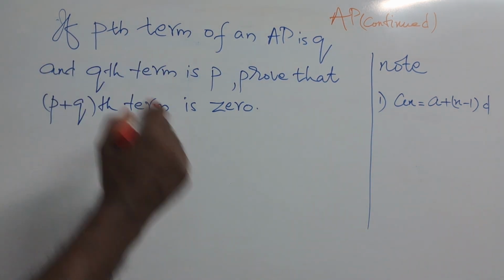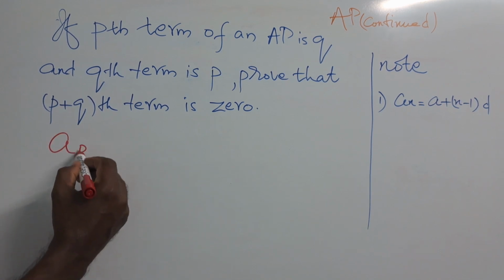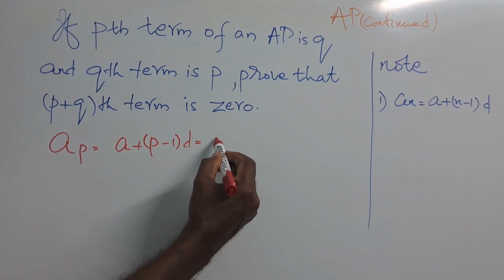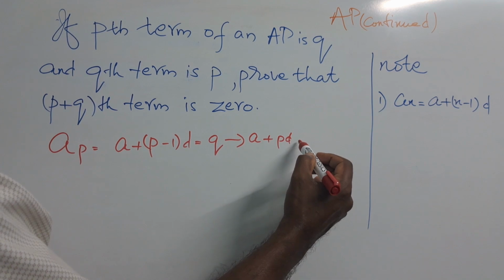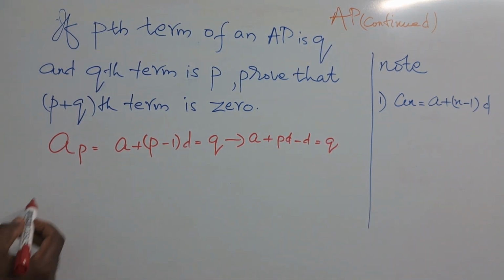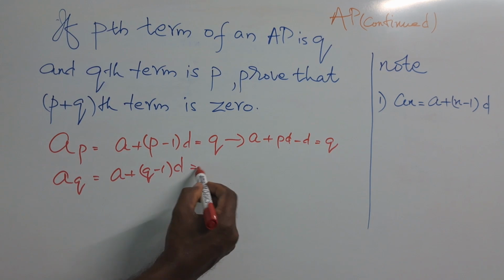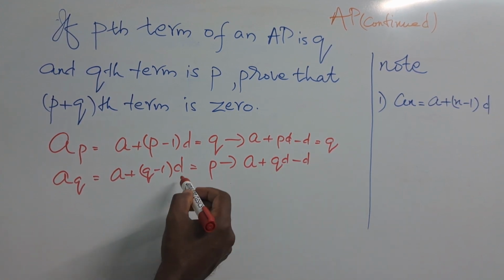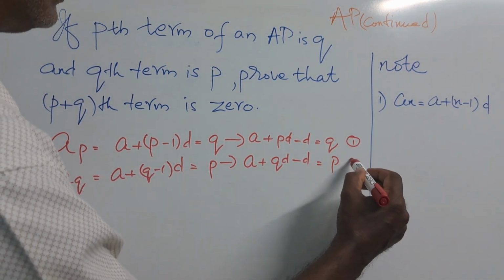It is given that the pth term of the AP, A plus (P minus 1) into D, is Q. That is, A plus PD minus D is equal to Q. It is also given that the qth term, AQ, is equal to A plus (Q minus 1) into D, is equal to P. That is, A plus QD minus D is equal to P. We have two equations, equation 1 and equation 2.